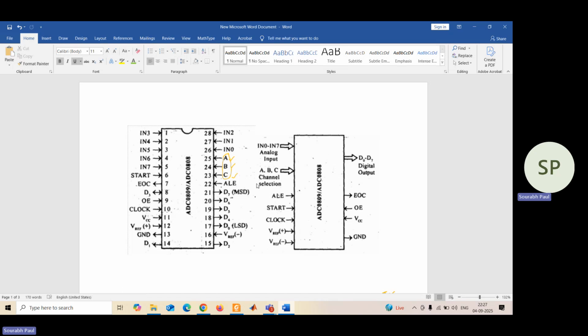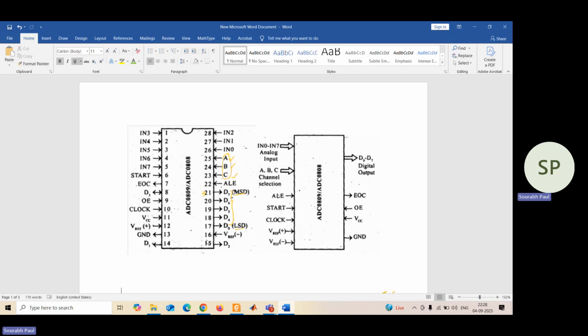Other than that, it has D0 to D7 lines. D0 is the LSB and D7 is the MSB. These are used to get the corresponding digital value. It means you have given one analog input, and its corresponding digital value will be obtained through these pins D0 to D7.